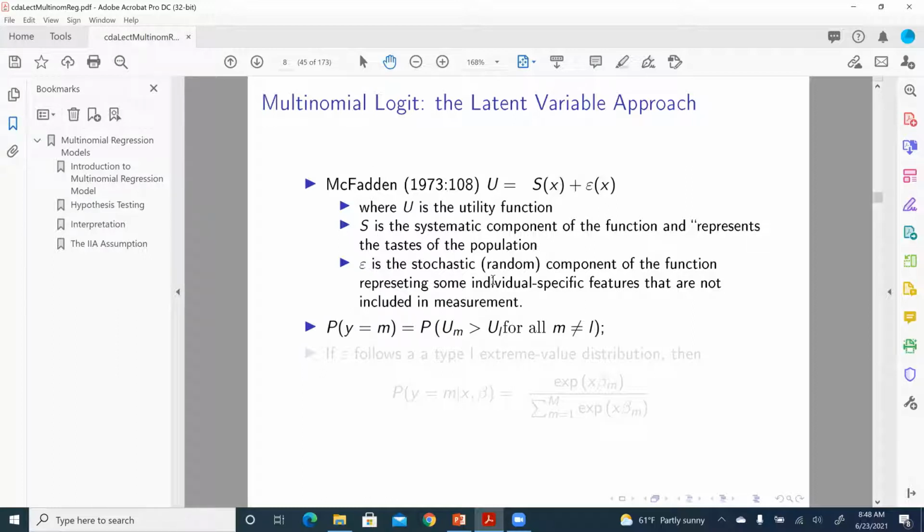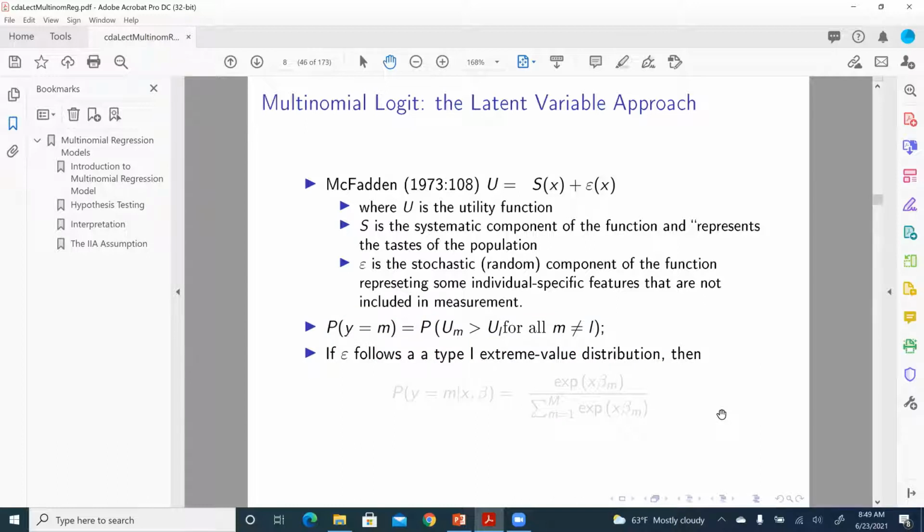And one makes the choice of m out of a set of alternative choices when its associated utility m is greater than all of its alternatives. Okay? And similarly, we can argue that the probability of y equal to m, that is, an individual chooses m, is equal to the probability when the utility of that choice is the greatest among the available set of choices.